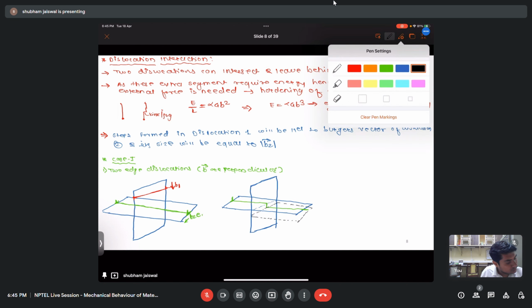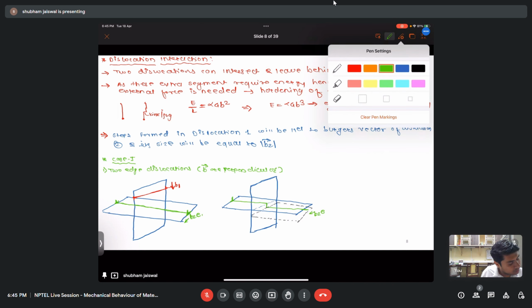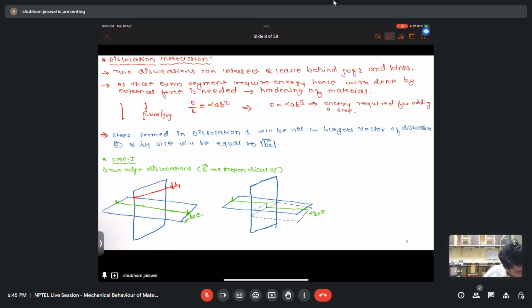Okay, and let's say this is Burgers vector B2. And if we plot for this one, this one will shift somewhere here. So let's say this is my step S1 and this is my step S2, and this is my direction of Burgers vector B1.